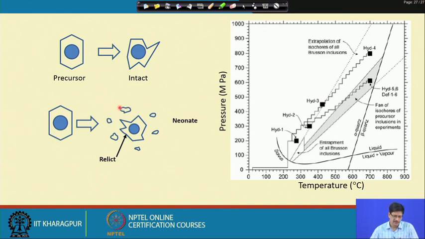These experiments were conducted on aqueous carbonic inclusions, so these dismembered aqueous carbonic inclusions are most likely to have undergone preferential loss of water and some compositional differences. Other than that, the condition corresponding to the creation of these neonates is also higher than the pressure and temperature condition in which they were formed. So the isochores of these neonates are also going to deviate significantly from the original inclusions.